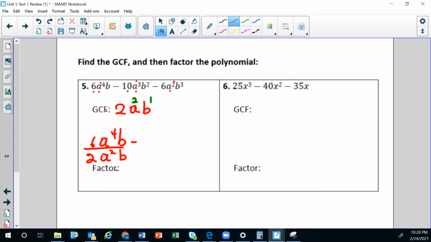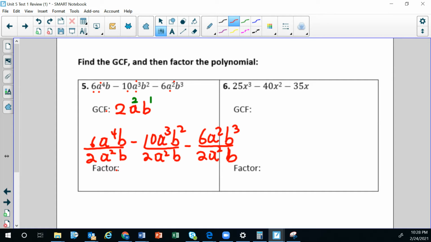Next one is 10A cubed B squared, and that's divided again by the GCF, 2A squared B. And the next one, I'm going to push over into the other, but I'll erase it in a second. 6A squared B cubed, right? And that's divided by, again, 2A squared B, okay?